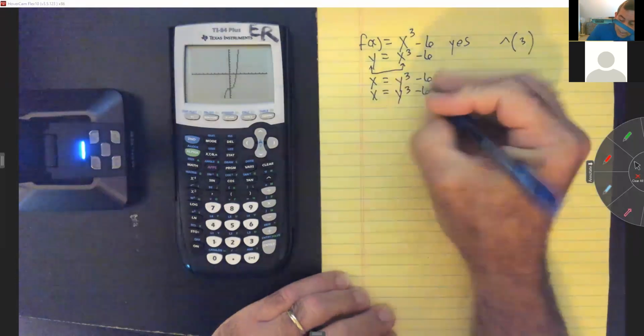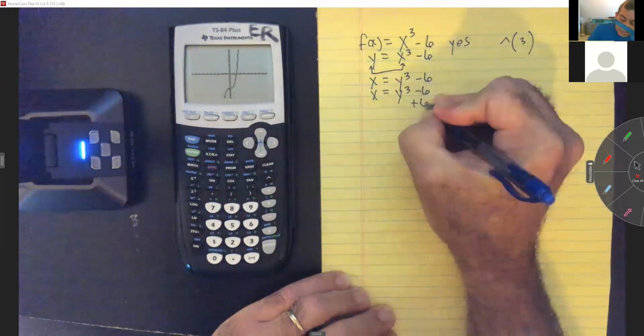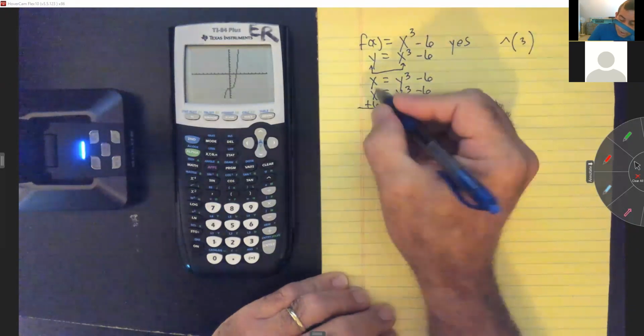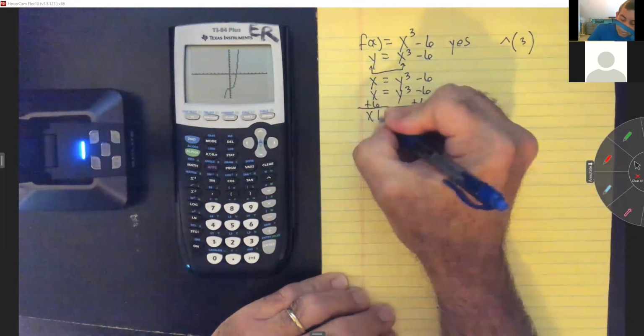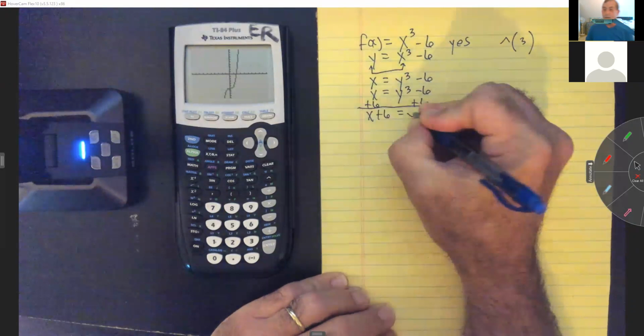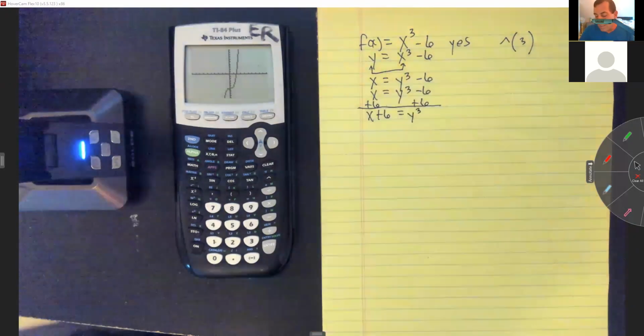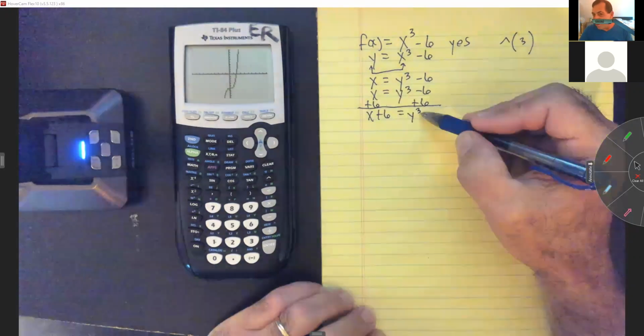So I'm going to come in and add 6 to both sides so that I get x plus 6 equals my y to the third. So to undo exponents, we take roots of stuff.